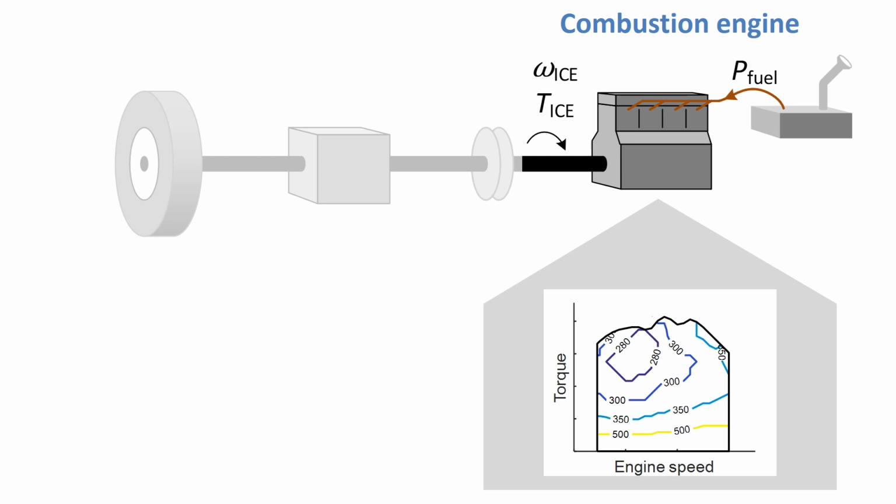For each torque speed point within the operating range, there is also a value of the specific fuel consumption in that operating point. These values are shown as specific fuel consumption contours in the diagram. The specific fuel consumption given by the map will determine the fuel flow from the tank.